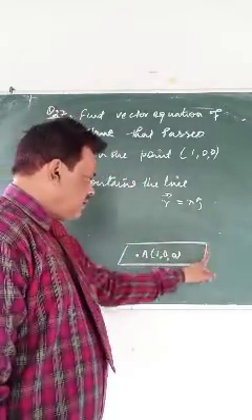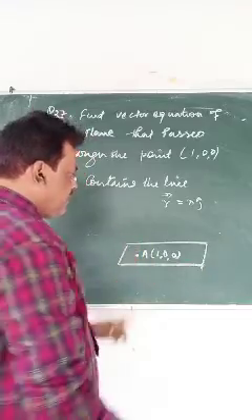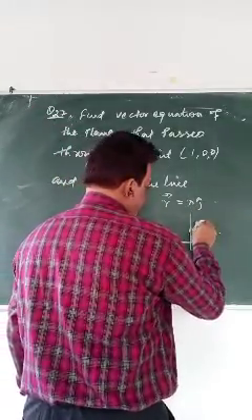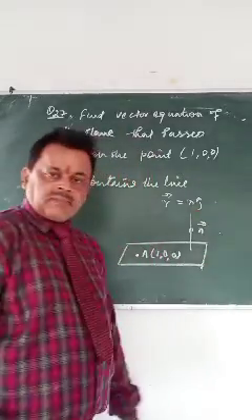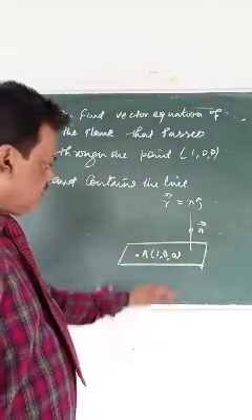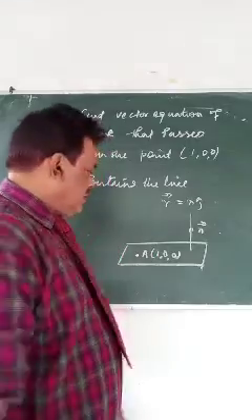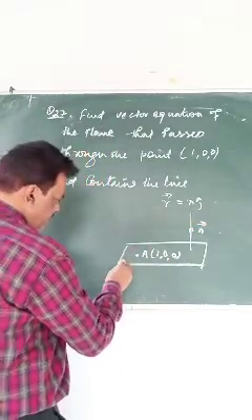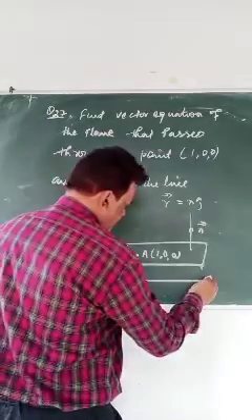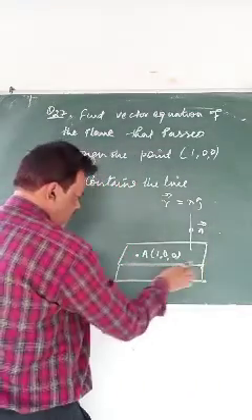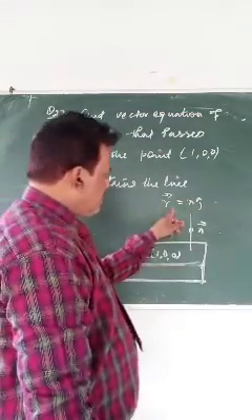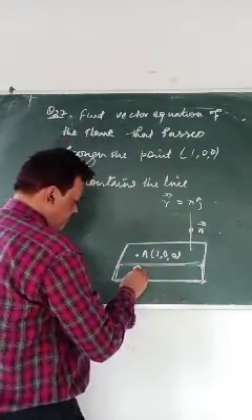A plane passes through a point means its normal should be there. So normally you find out how. Now this plane is containing a line. Look, let me extend it a bit. This plane contains a line.